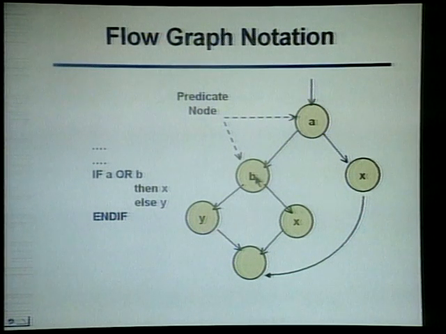If the condition B is true, then again we execute X, otherwise we execute Y. And then this node shows the end of the if statement. You see here that after executing X, we always go to the end of the if statement. Now you can use a similar kind of technique for other complex notations.